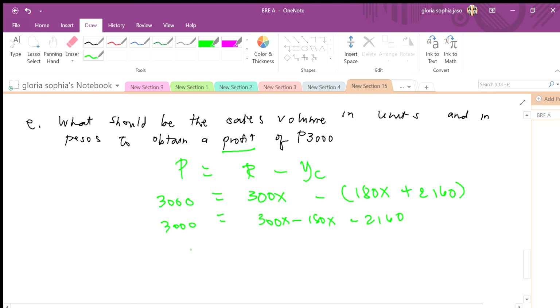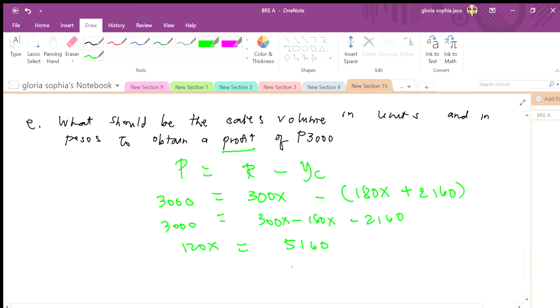So, we have 300x minus 180x is 120x, and then 3,000 plus 2,160. So, let's just move this to the other side. So, we will get 5,160.